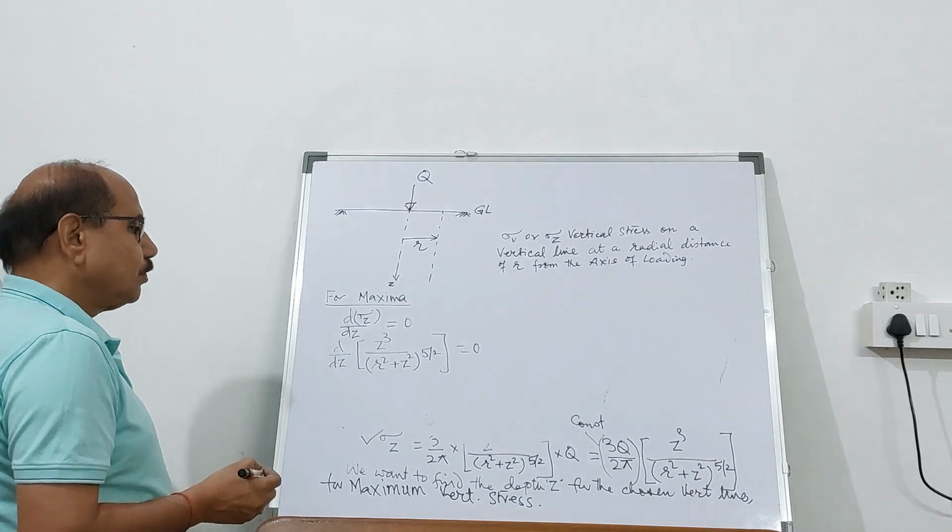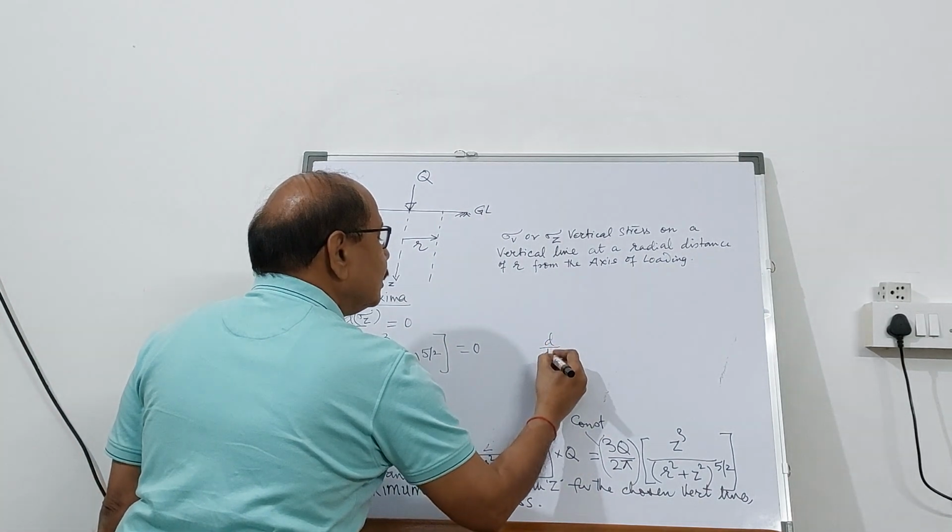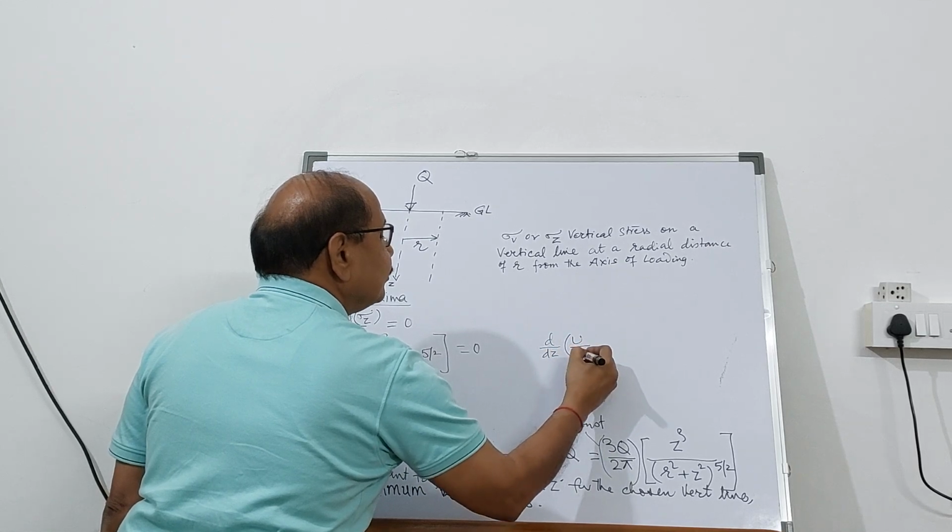Very simple. So it's of the form d by dz of u by v.